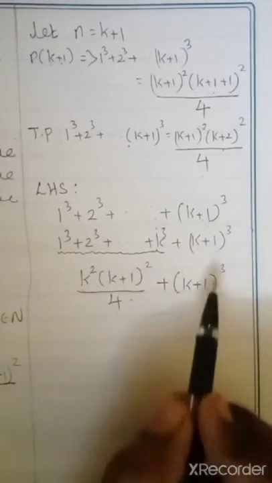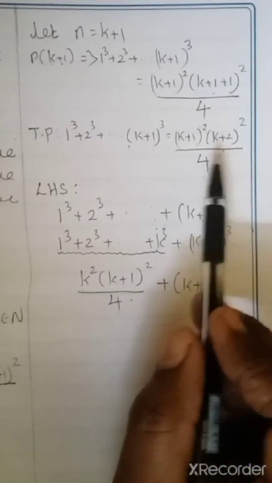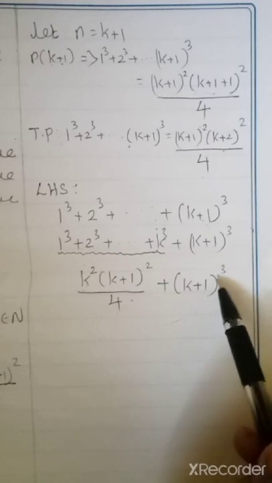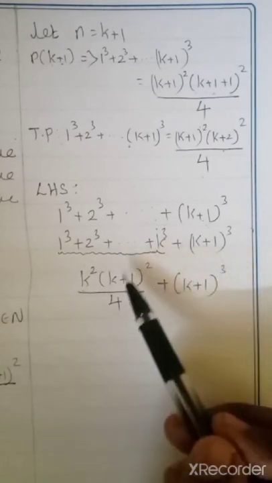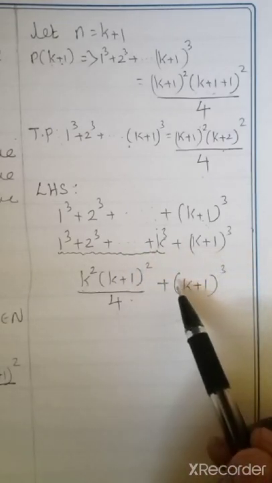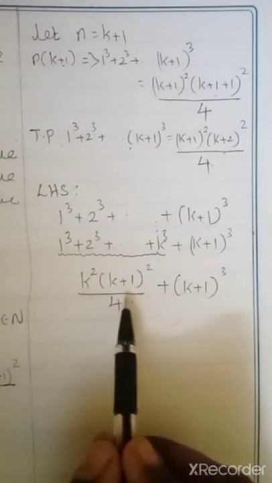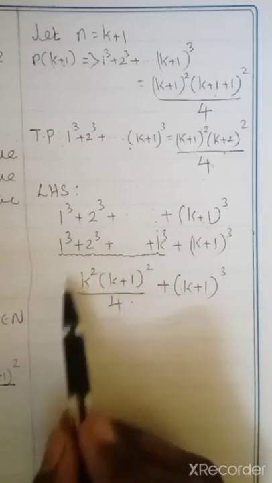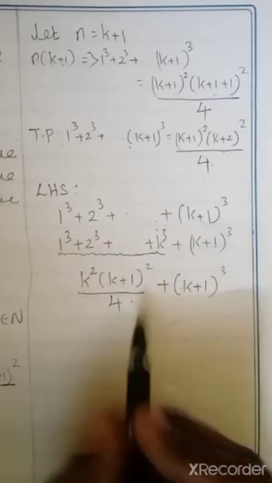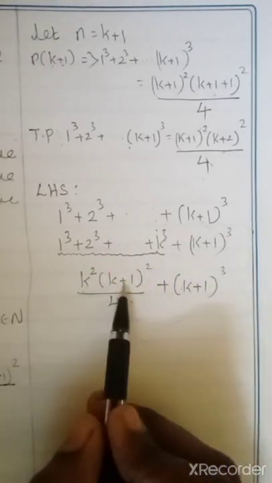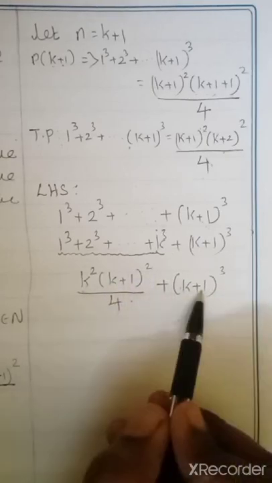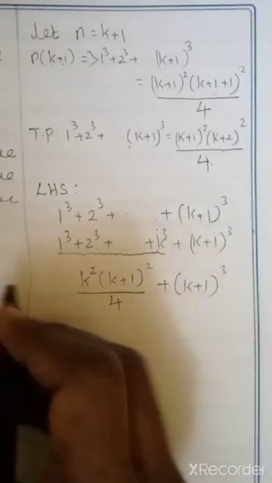If you simplify this, you will definitely get your right answer. That's all. You can simplify this in whatever way you know, but definitely your final answer will be this one. Is that clear? Now I can take the LCM, or I can take common terms out. First, we can take the common term out. Which is the common term here? k plus 1 the whole square is your common term, correct?